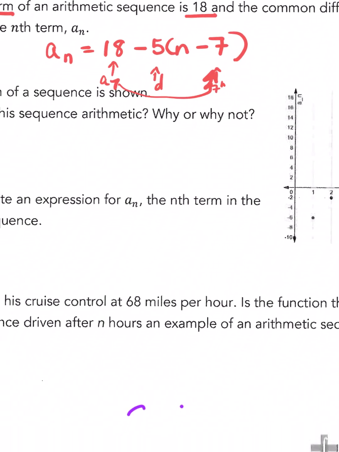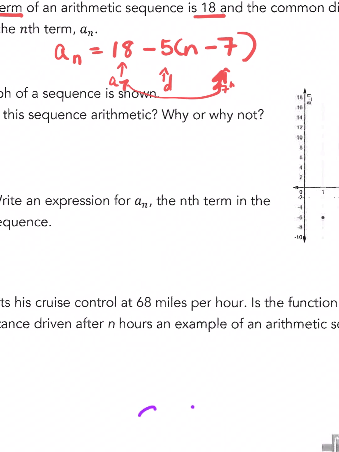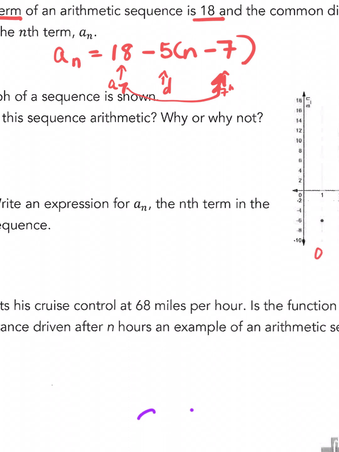Okay, so let's look at the next chunk. The graph of this sequence is shown. Is this sequence arithmetic? Why or why not? If it's arithmetic, what should we be seeing? Each term changes by what? The same amount. These are my n's. So what is A sub 1? Let's write some of these down. What is A sub 1 here? What is this value? -6? Okay, this is A sub 2. What is it? -2. And let's look at A sub 3. What is it?